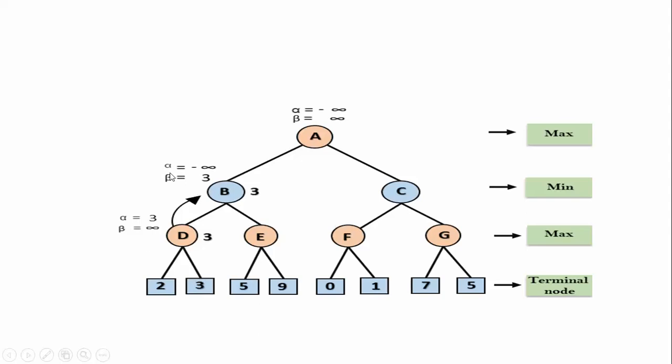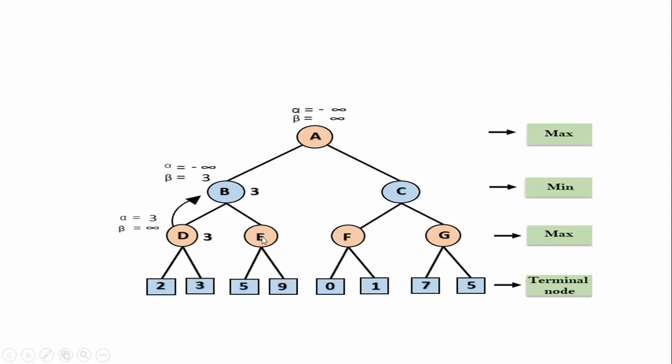So alpha equal to minus infinity and beta is infinity. If I compare infinity with 3, which one is the minimum value? 3 is the minimum value. Therefore I am updating the value of beta equal to 3. I am comparing infinity with 3, and the minimum value is 3 only.